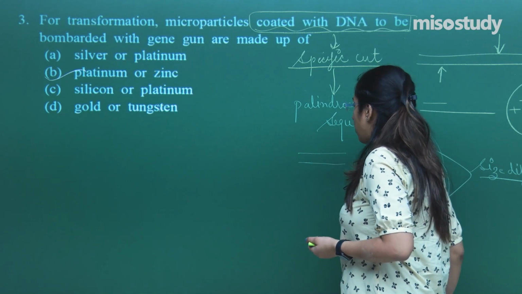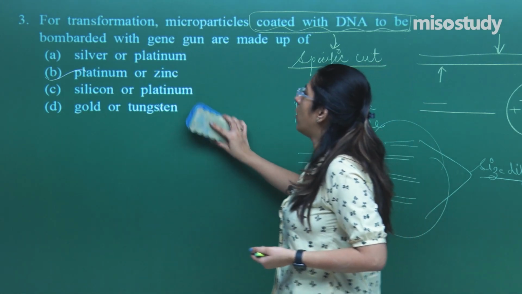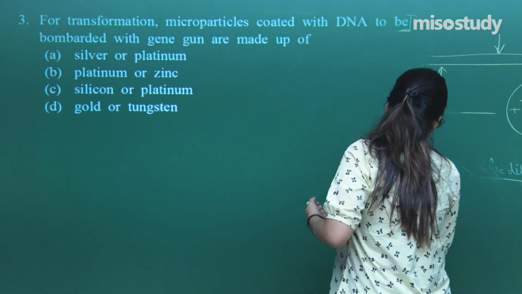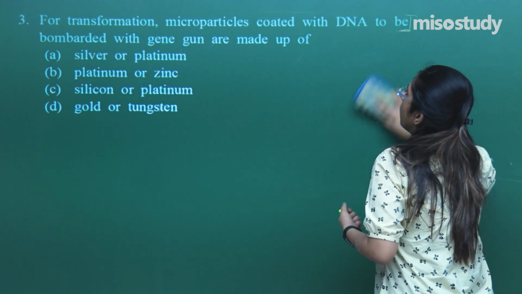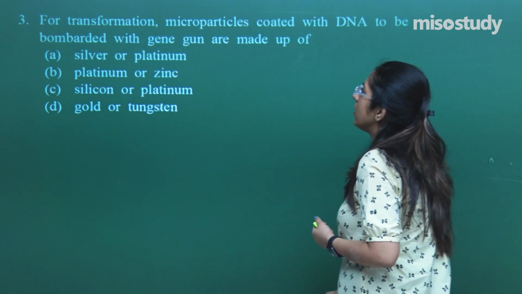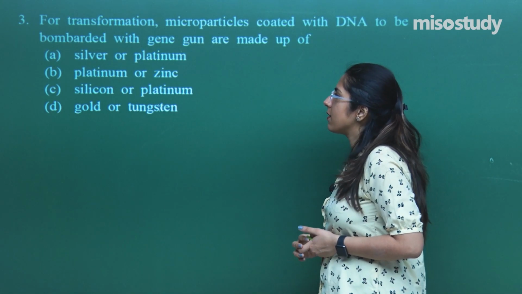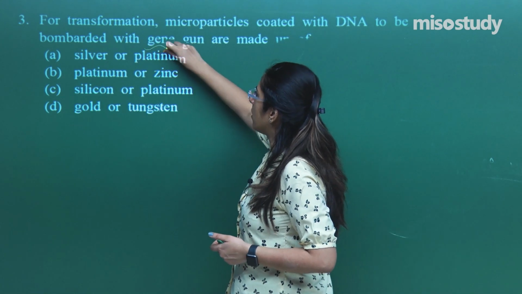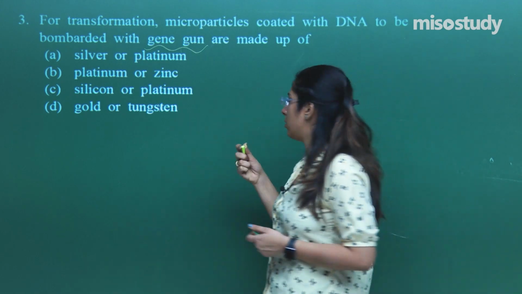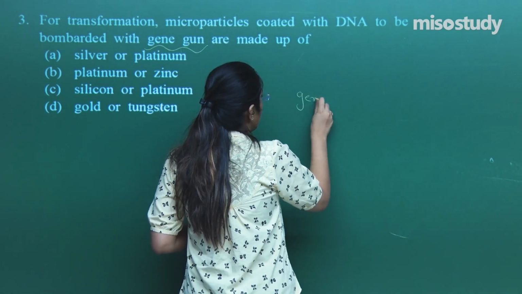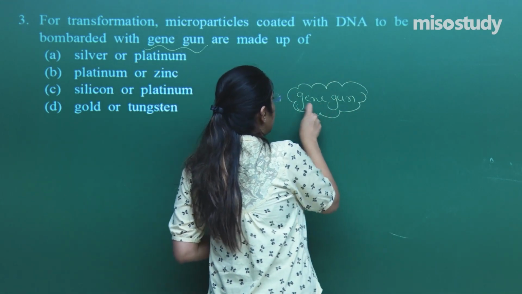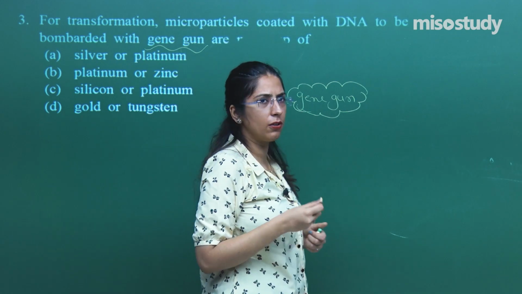Let's focus on the next question, question number 3. For transforming, microparticles coated with DNA to be bombarded with the gene gun are made up of. Now, they are discussing the gene gun. Gene gun is a method of transformation. It looks similar to a normal gun.